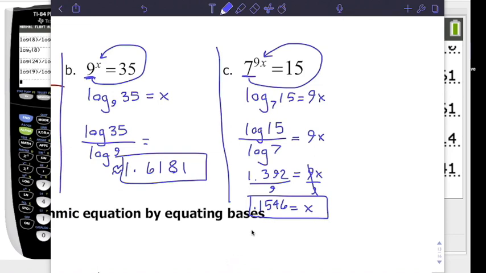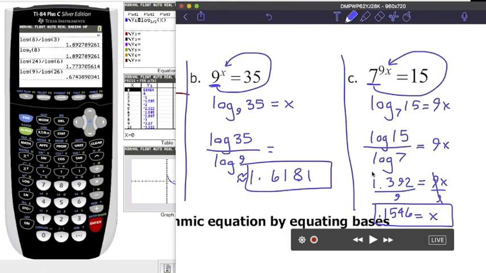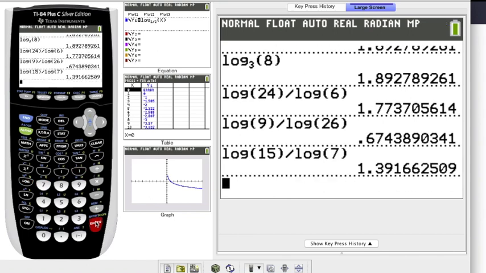Now remember, if you want to type these in, if you recall from yesterday, you can do the change of base where you do log 15 over log 7. So I'll just show you here real quick, just in case you need a recap. Log 15, and then over log 7, and hopefully that gets that decimal that we got. Yep, there it is, 1.392.